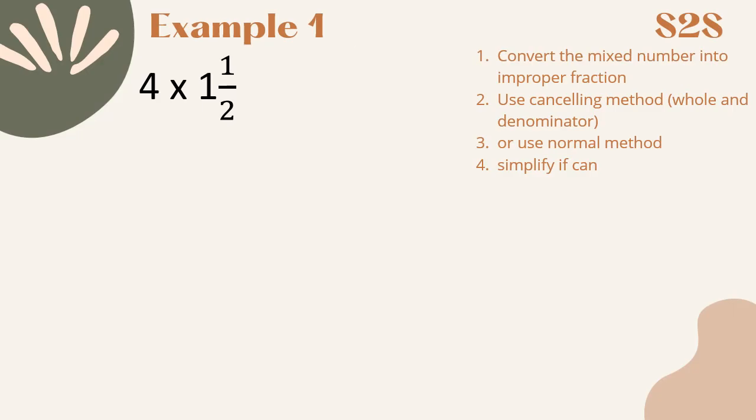Today we are multiplying a mixed number with a one-digit whole number. So example 1: we have 4, which is a one-digit whole number, times a mixed number, which is one whole, 1 out of 2. Step 1, convert the mixed number into an improper fraction.